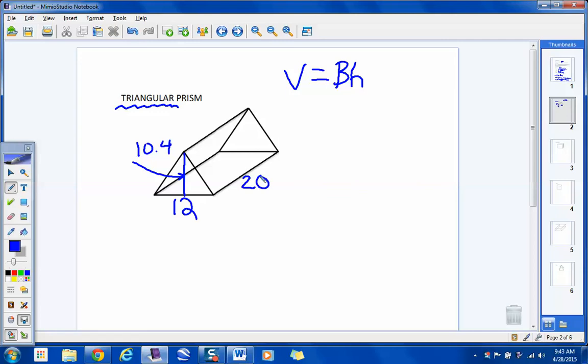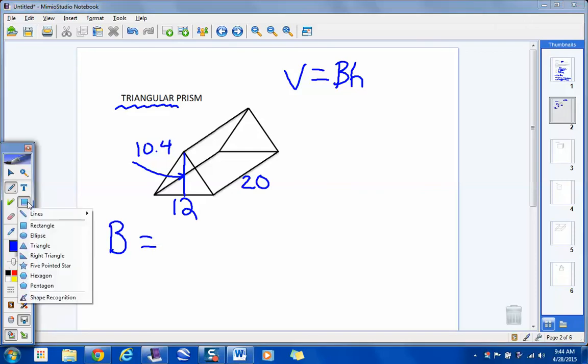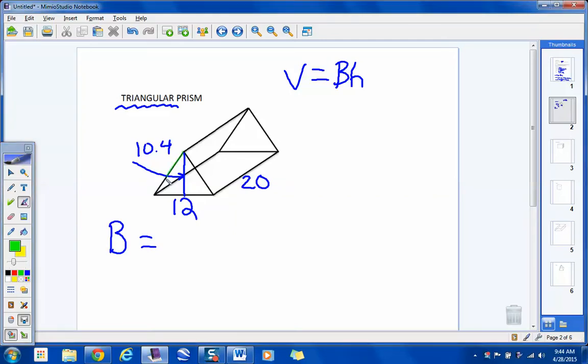Okay, first of all, guys, by the name triangular prism right here, what shape's your base? The triangle. So I'm going to go ahead and find capital B. Since this is a triangular prism, I want to find the area of that base triangle.